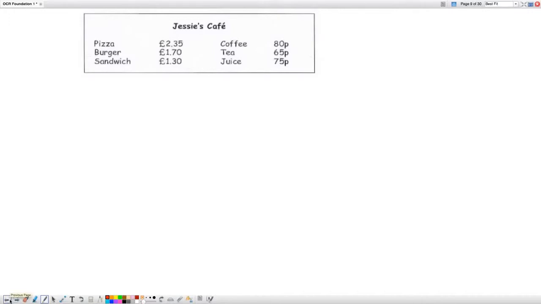Here we have a menu for Jessie's Cafe. Lisa buys a pizza and a coffee. What is the total price? So one pizza, £2.35, one coffee, 80 pence. Let's put that into pounds so that we add up in the same way, 0.80.